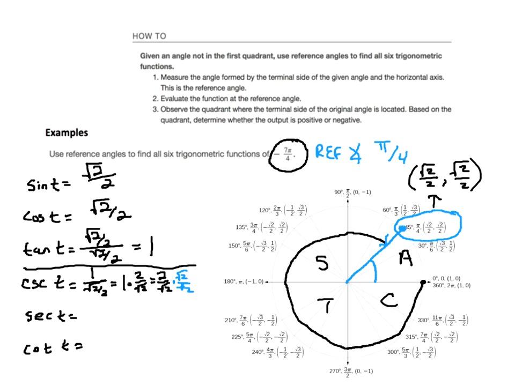I multiply by square root 2 over square root 2, and that gives me 2 square root 2 over 2. My 2's divide out, so that's just the square root of 2. Okay, the secant is the reciprocal of cosine, but cosine's the same thing as sine, so this is just the square root of 2. And cotangent's the reciprocal of tangent, so that is just 1.